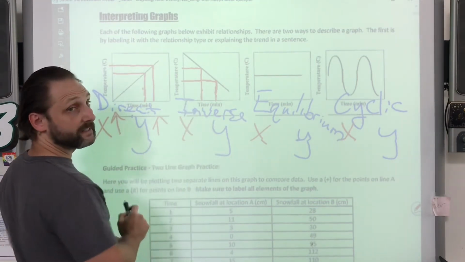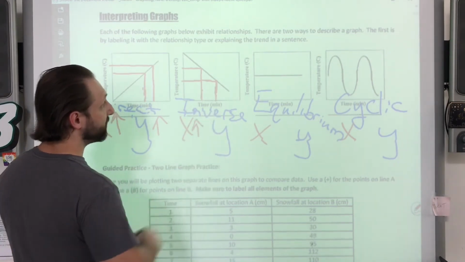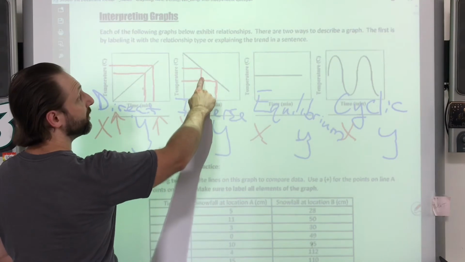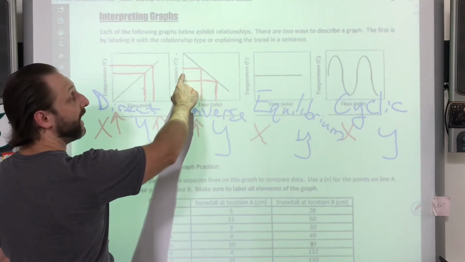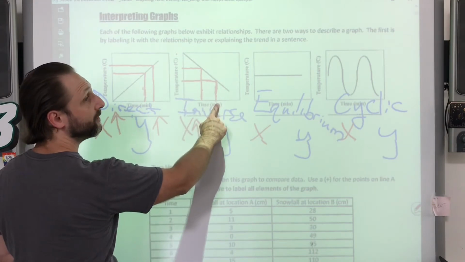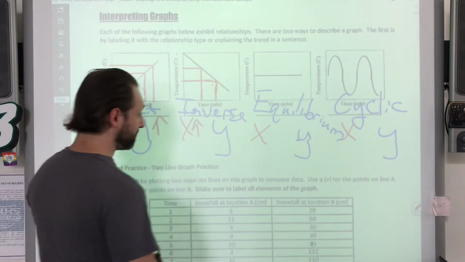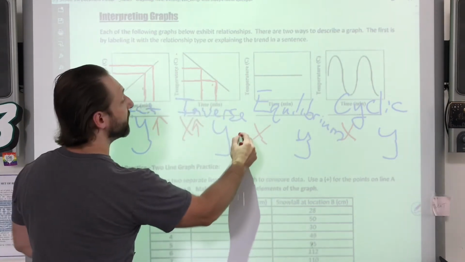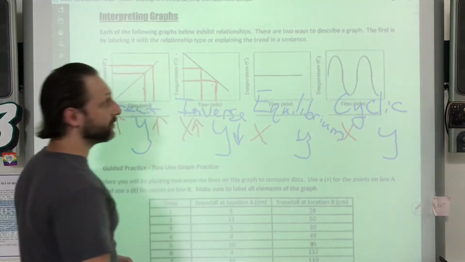In this next instance, we can see that as x is increasing, with our first line here, y starts up higher than if we go out further on an increase of the x-axis, we end up lower on the y-axis. So for an inverse relationship, x increases and y decreases.